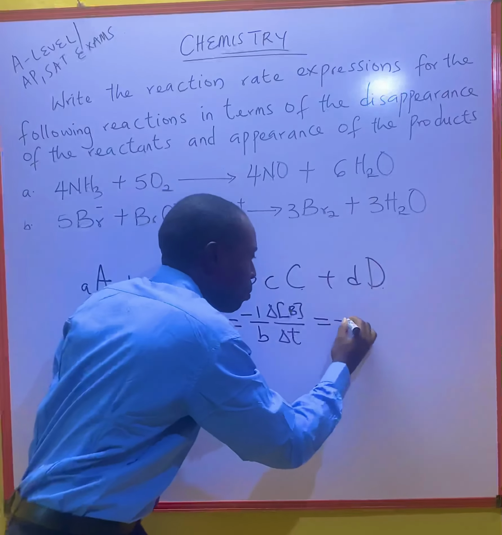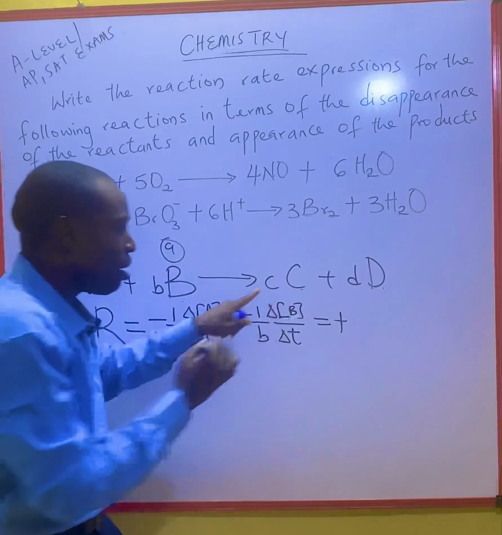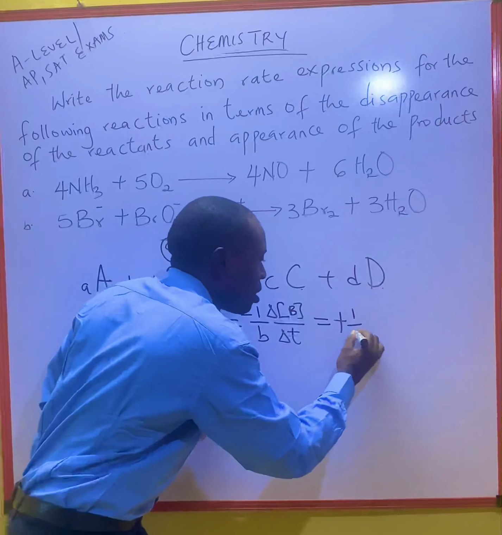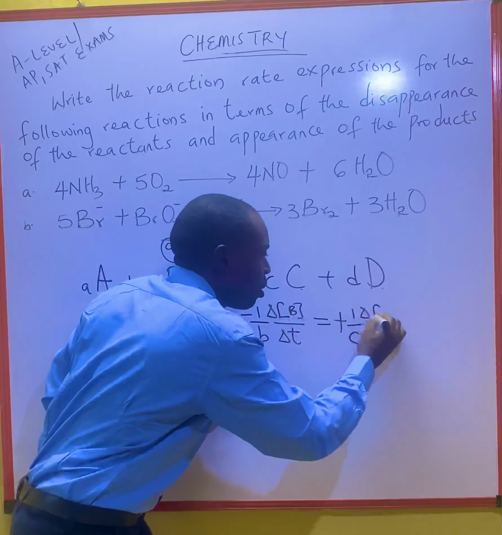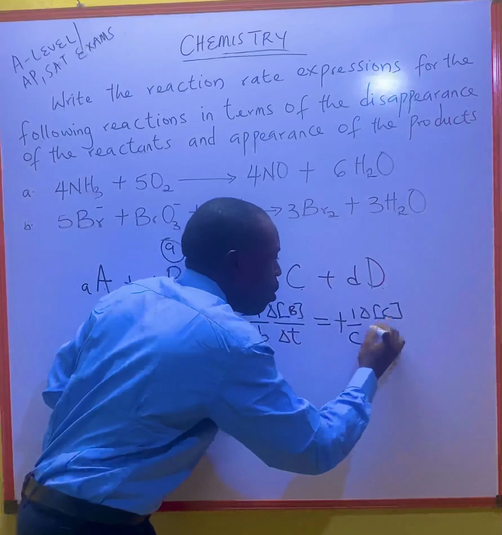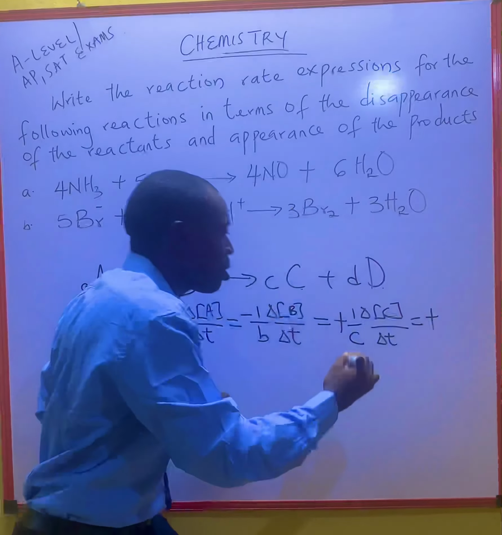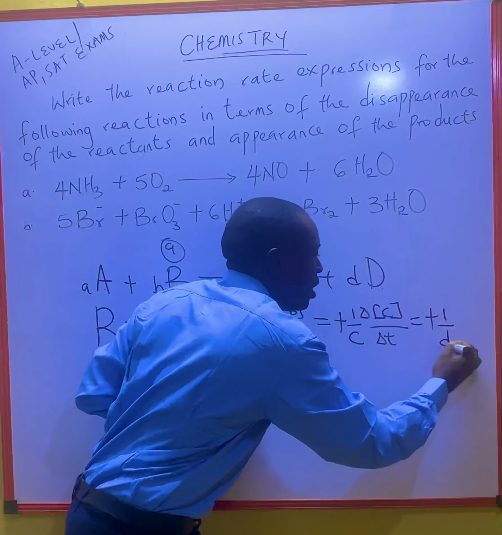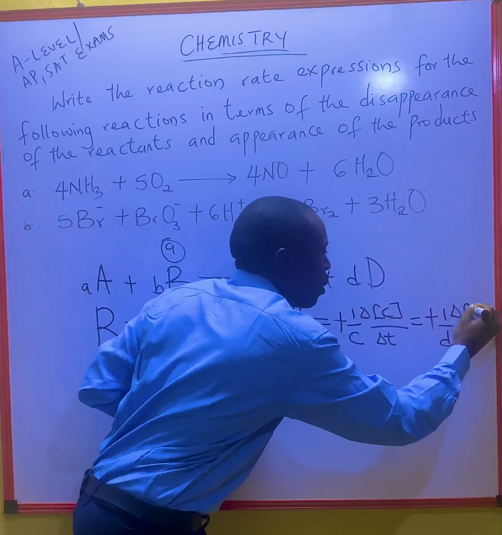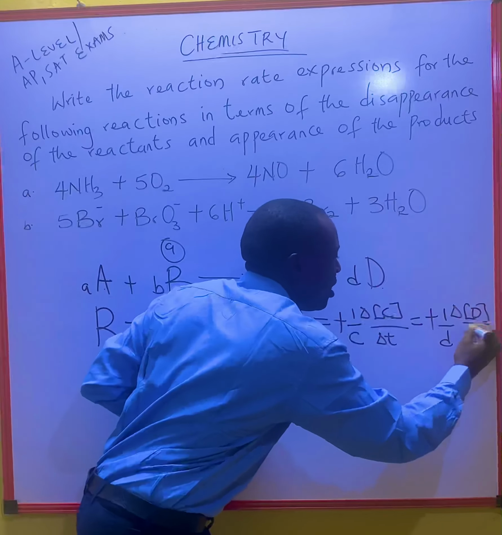So it becomes plus. Of course, this c will become 1 over c, change in the concentration of C over change in t, equal to plus 1 over d, change in the concentration of D over change in t.